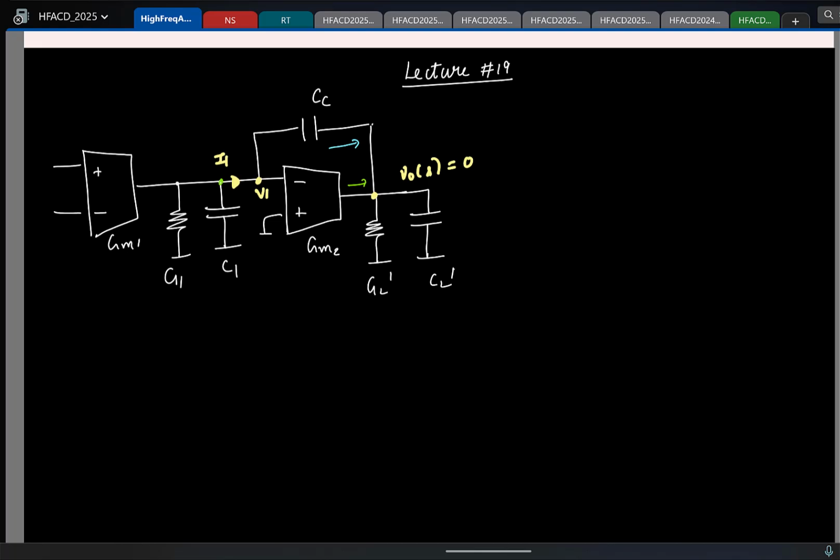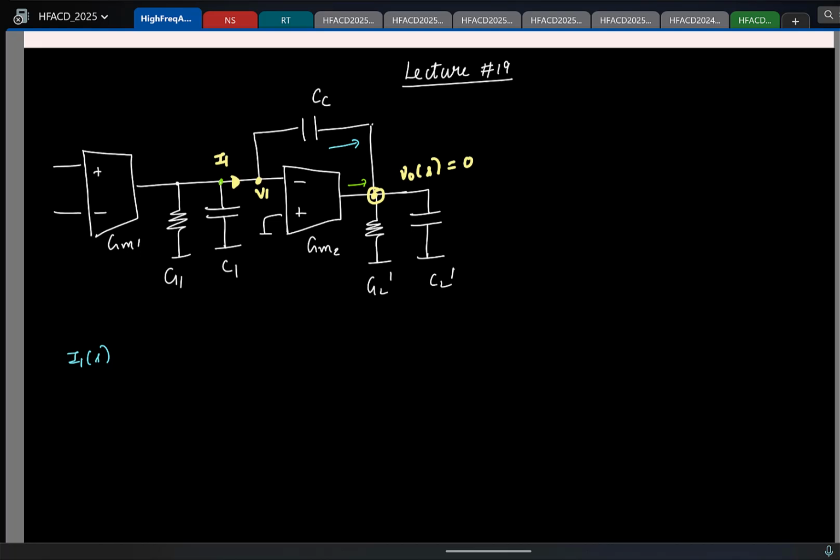Now if I apply KCL at the output side, I'll have the capacitor current plus the transconductor current, both of them to be summed up to 0. Now if I call this current as I1, what can you say about the current through the capacitor? I1. So I'll write it directly. The capacitor current is I1(s).